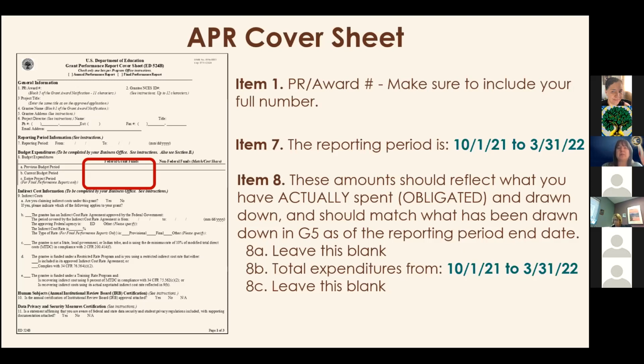There's 3 line items in section 8, although you're gonna leave A and C blank. We're not using those at this time. We'll use those a little later. So the reporting period for line 8B is the same as the reporting period, that October 1, 21 through March 31st, 2022.